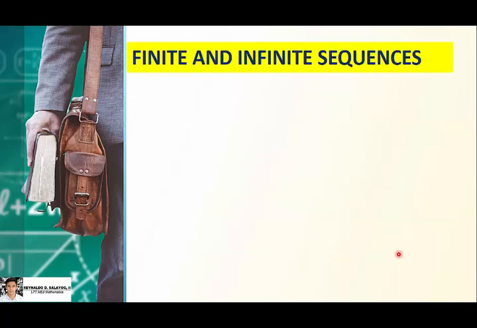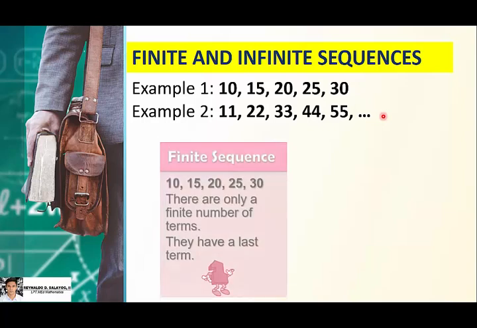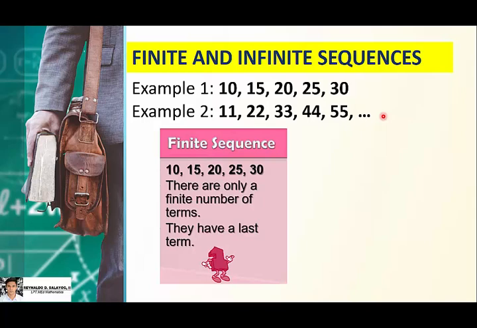Okay. Now, let's try to discuss finite and infinite sequences. Let's consider the first example, 10, 15, 20, 25, and 30, and the second example, 11, 22, 33, 44, and 55, followed by ellipses. Considering the first and second example, we can discuss the finite sequence.